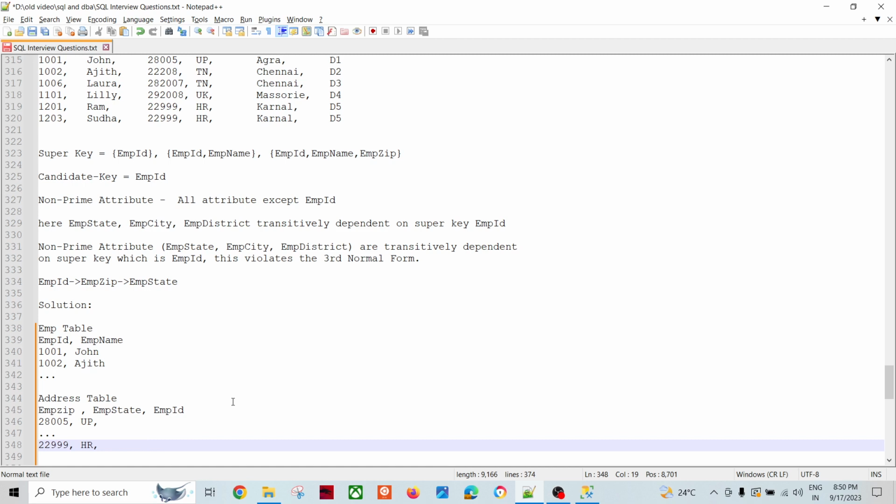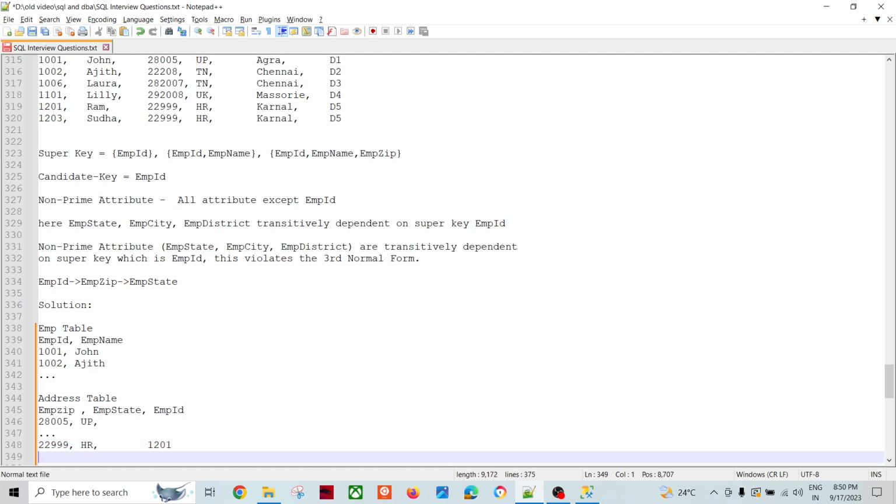So first you need to report 1001 and then specify the employee zip for 203. Again, there will be an HR. So the primary key for this table would be employee zip and employee ID. And this one is for 1203.